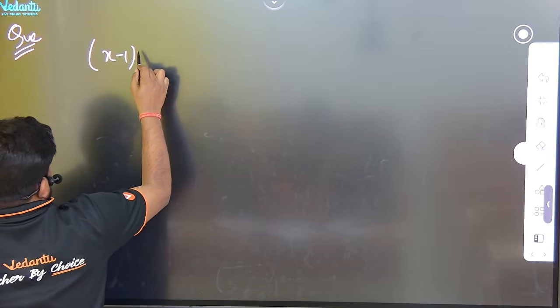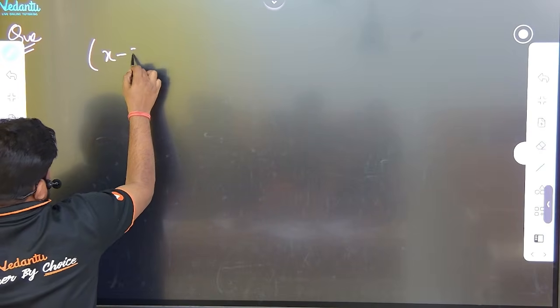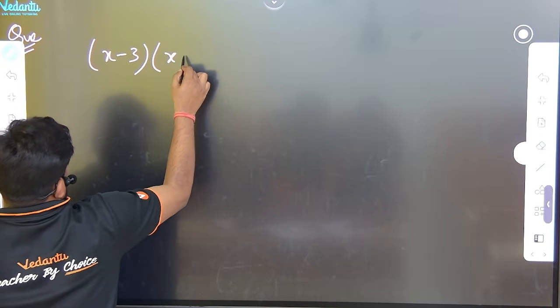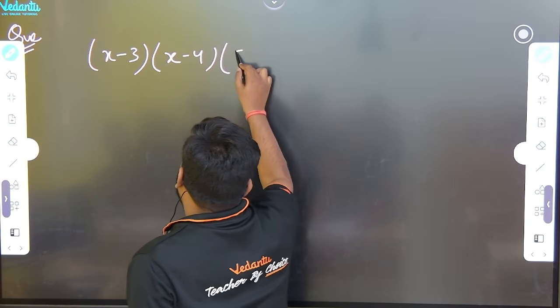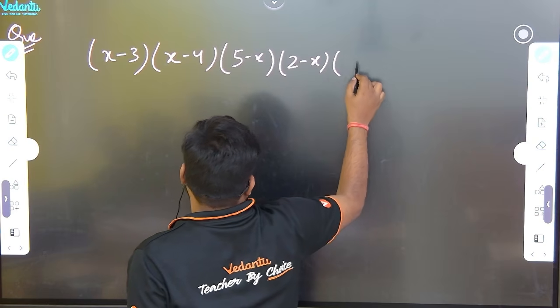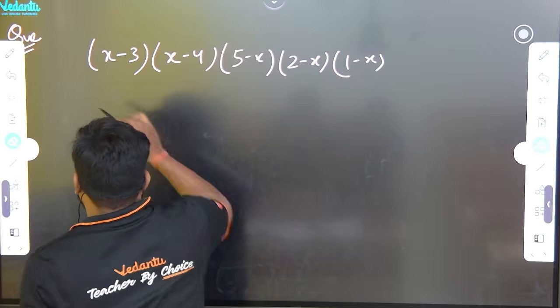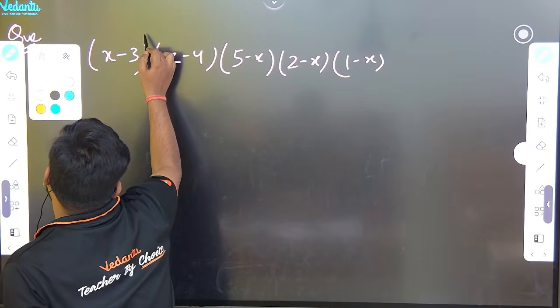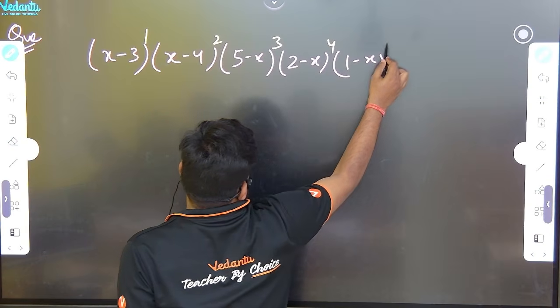(x minus 1), let's take some other number, (x minus 3), (x minus 4), (5 minus x), (2 minus x), (1 minus x), with power 1, power 2, power 3, power 4, power 5.